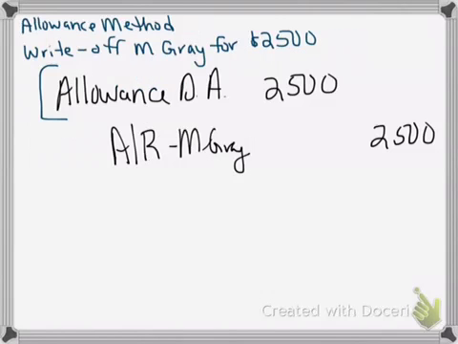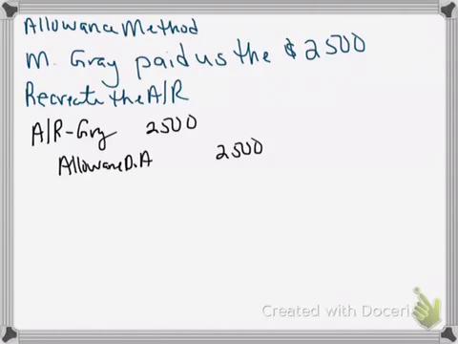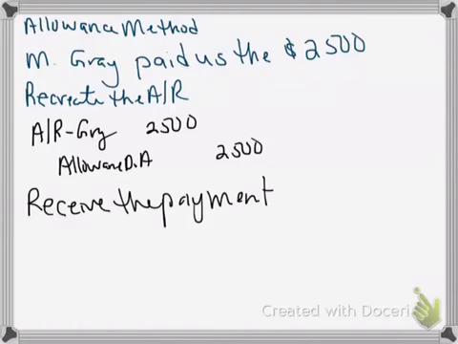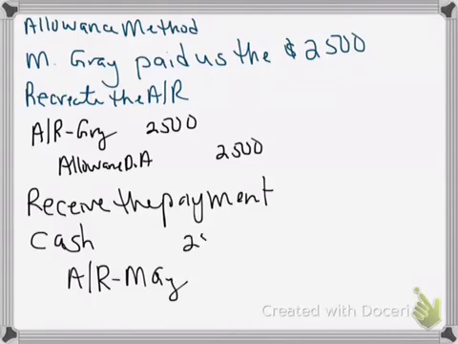And so in effect, we're just reversing what we did here. And then we would receive the payment. And when we receive the payment, that would be cash, accounts receivable, M. Gray, for that $2,500. Now, when we look at the write-offs and recreations, they are done the same way for all three allowance methods. So it doesn't matter which allowance method we use, this is what you're going to see.